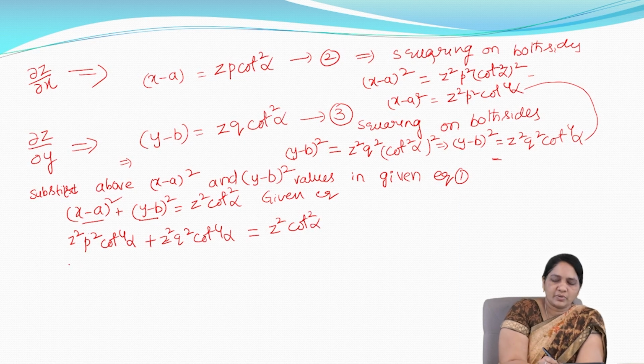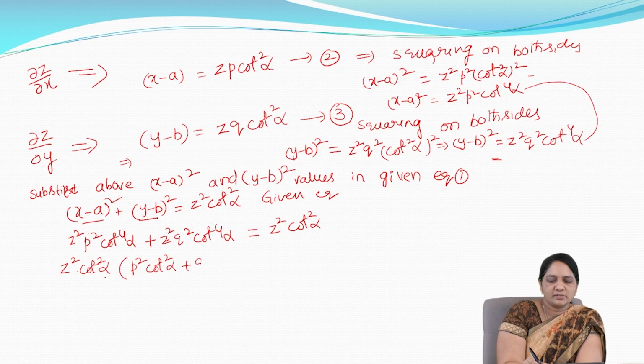So here I take the common z square, and I can write cot power 4 alpha as cot square alpha into cot square alpha. So I am taking common z square cot square alpha. Here I will get p square cot square alpha plus q square cot square alpha equal to z square into cot square alpha.